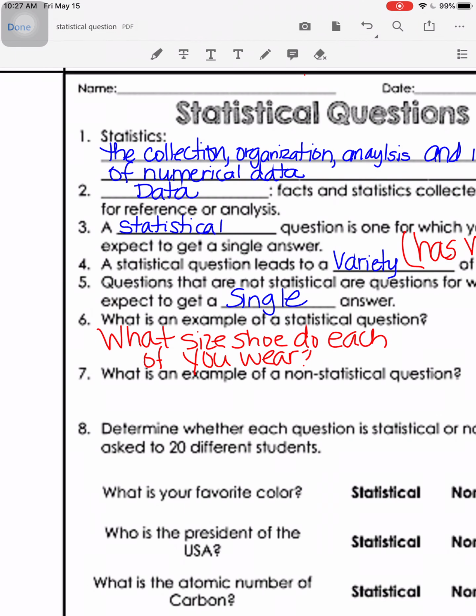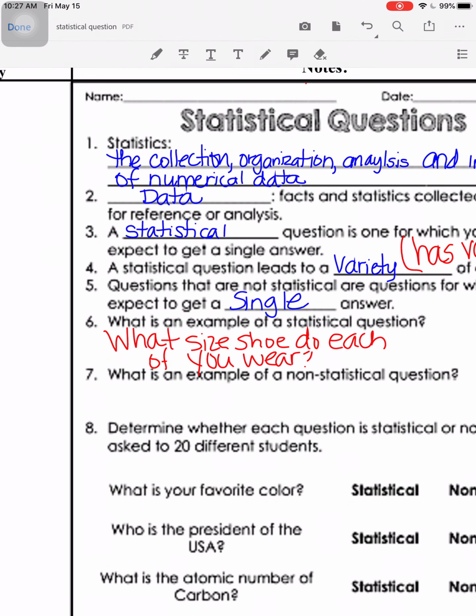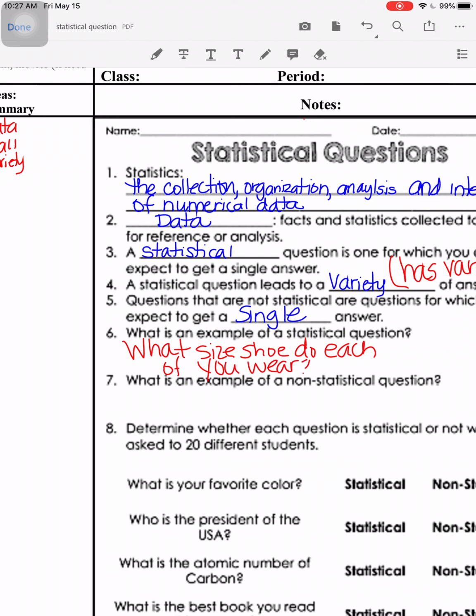All right, so that question contains variability, which means I'm going to get a variety of responses from the people that I ask. Some would say a 7, some may say a 12, some may say a 9, some may say a 5. So I would get a variety of responses from each person that I ask.